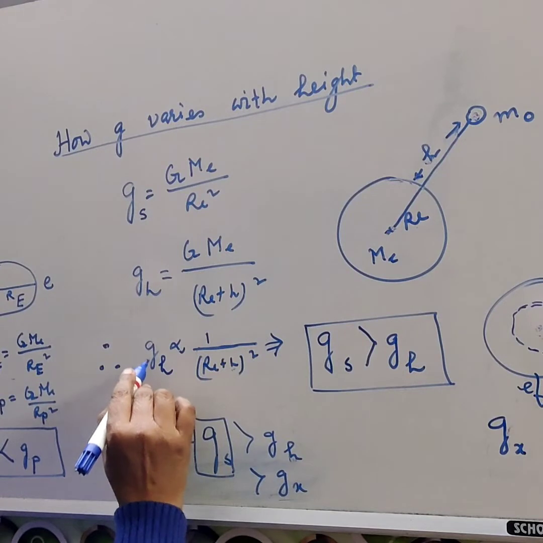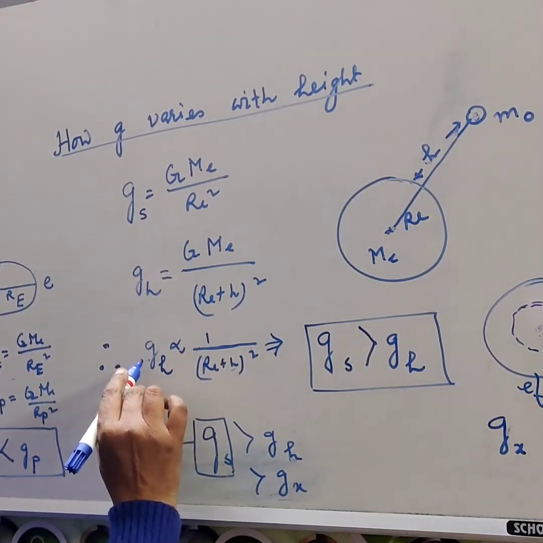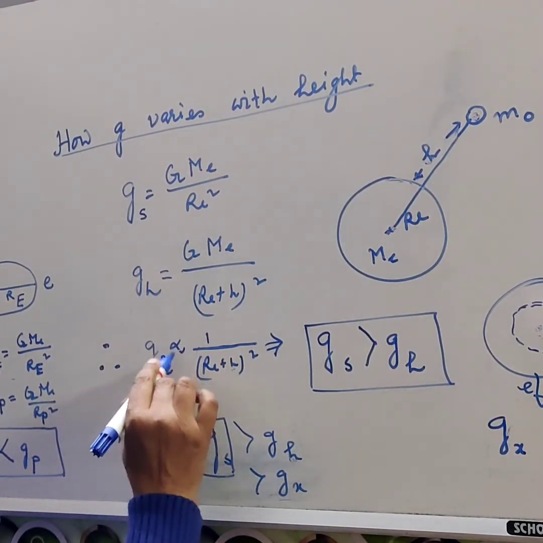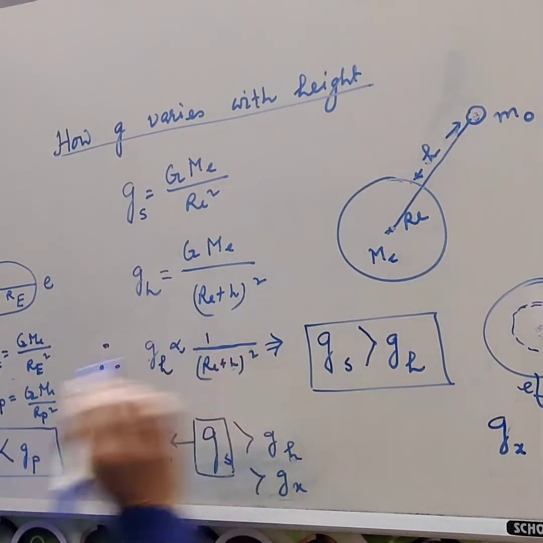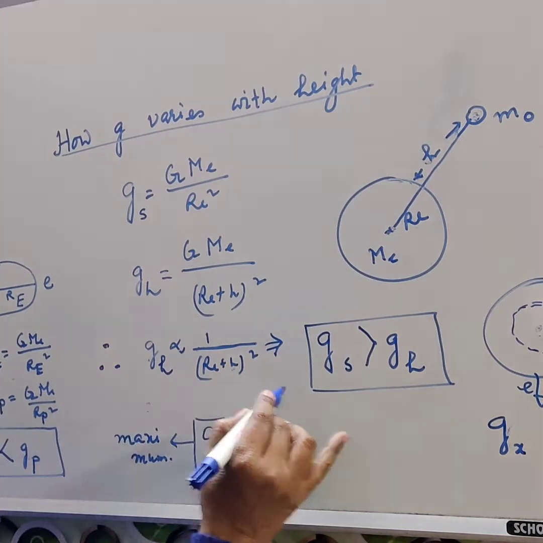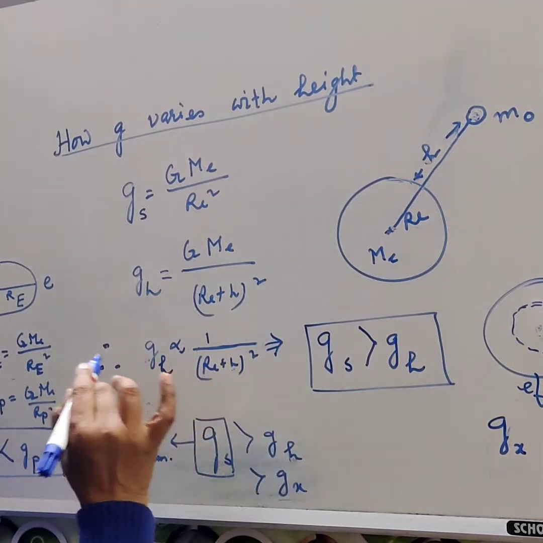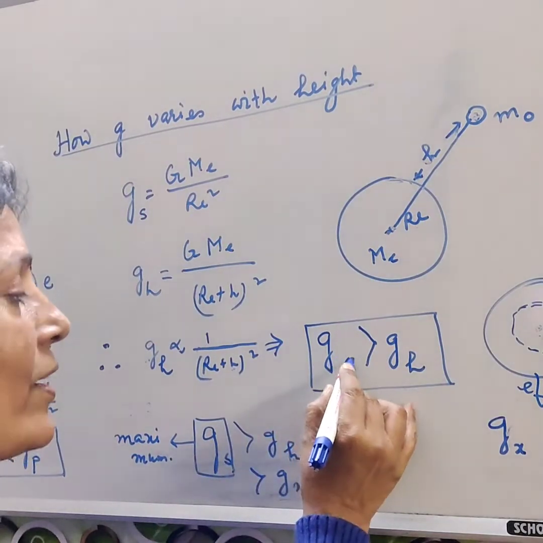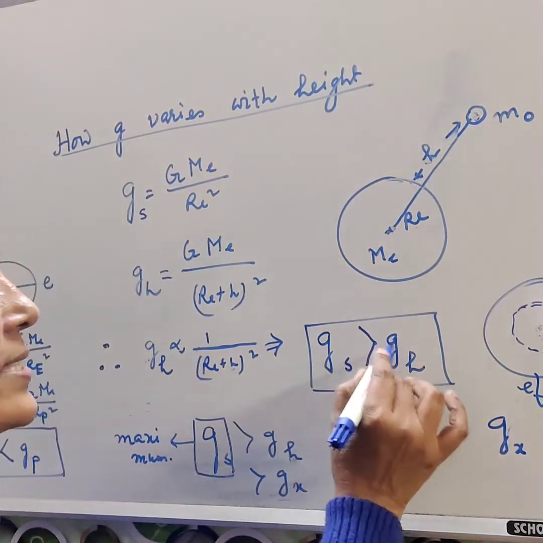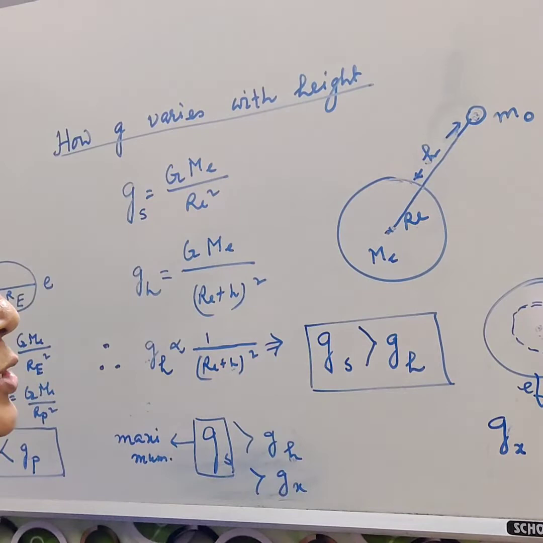So we can say g at h, the acceleration due to gravity at an altitude, is proportional to 1 by RE plus h whole square. That implies if h increases, acceleration due to gravity decreases. So acceleration due to gravity on Earth's surface is greater than acceleration due to gravity at an altitude.